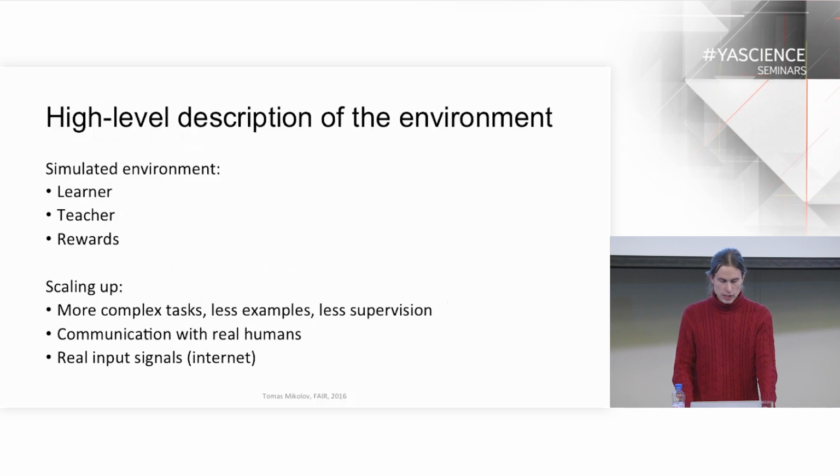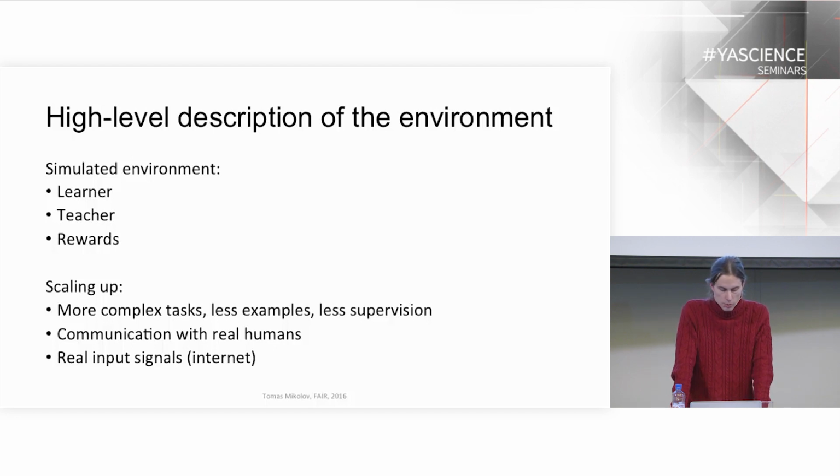So for the high-level description of the environment, I will show in a few slides a picture that will maybe explain it better. But for now, we have a learner, which stands for the intelligent machine. It's basically the set of algorithms that does the learning. And then there's a teacher that is in the place of humans. It's setting goals for the learner, and it's using rewards to motivate the learner to behave in some way.